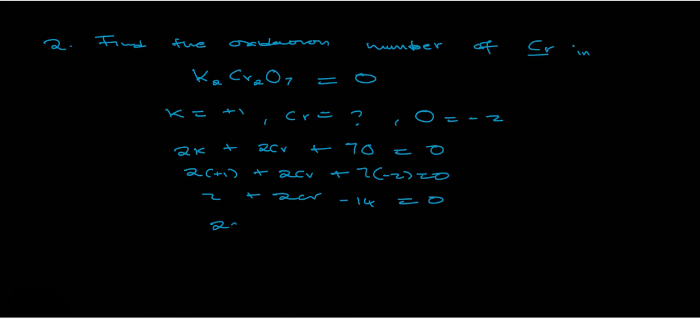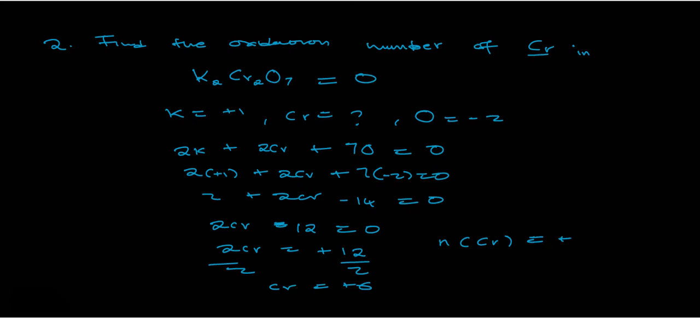So we have 2 chromium, 2 plus -14, we are going to have -12 to be equal to 0. So our chromium, this will go to the other side, it will be +12. When we divide by 2, we get chromium to be +6.